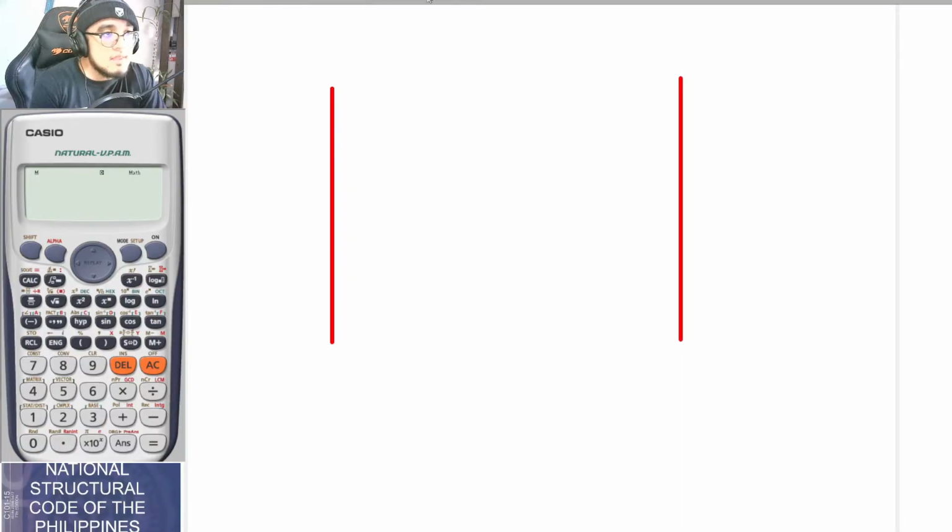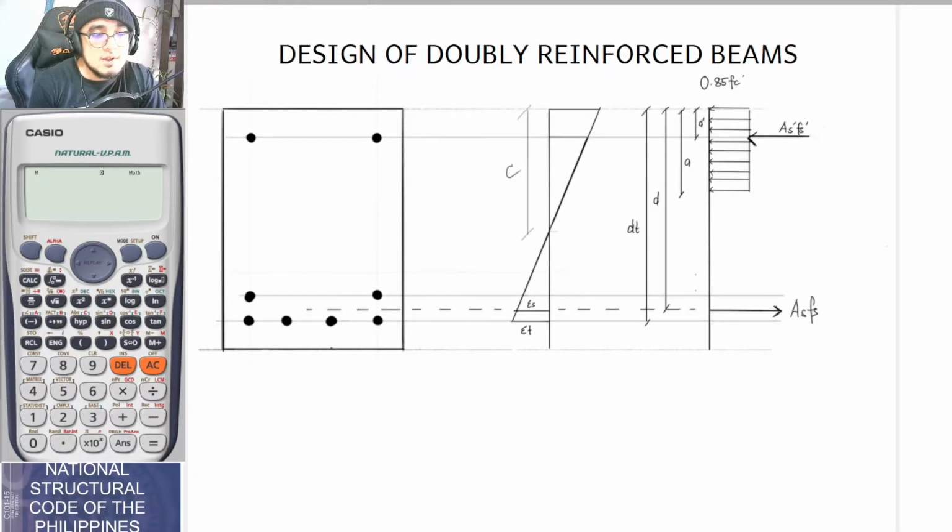So what I did there was that I just separated AS FS prime by the requirement of this section in terms of singly reinforced beam. So in Tagalog or in Filipino, ang doubly reinforced beam natin is to be the addition or yung pinaghalo natin na singly reinforced beam plus of course the additional reinforcement.